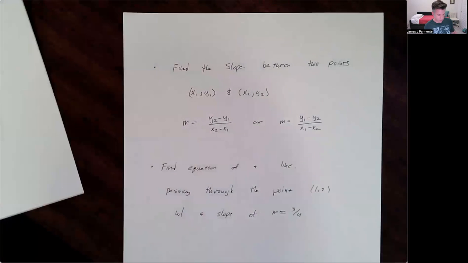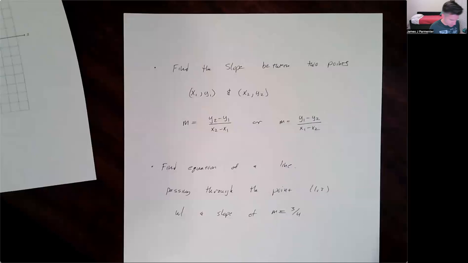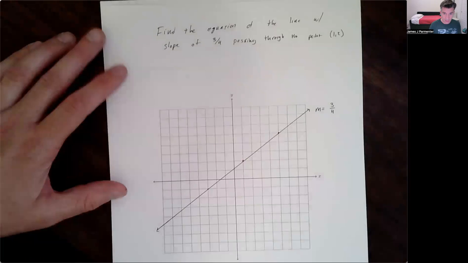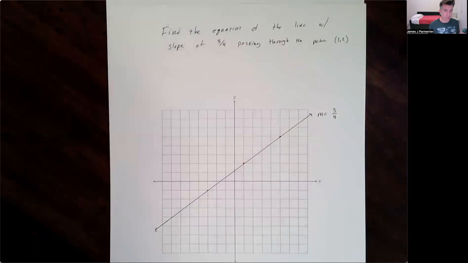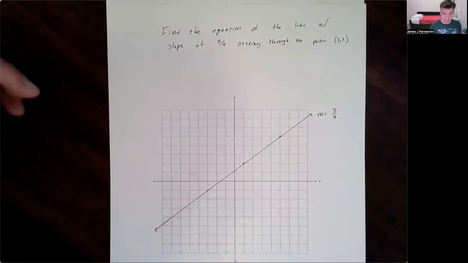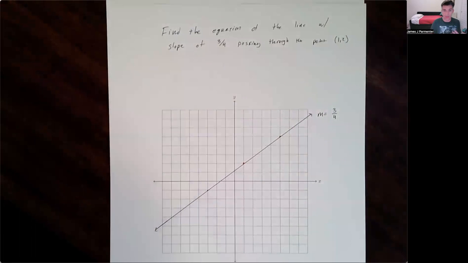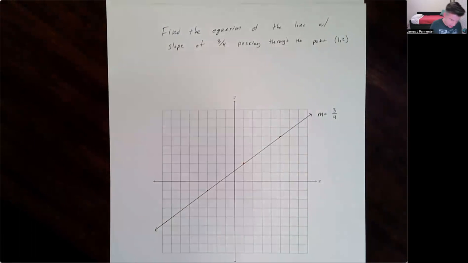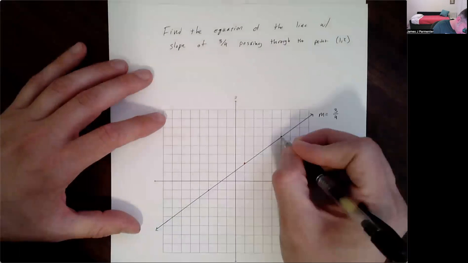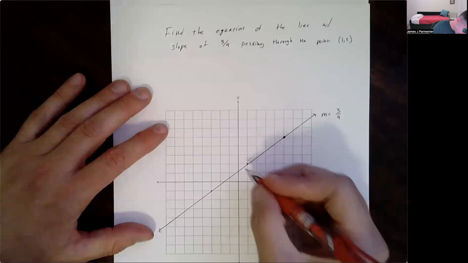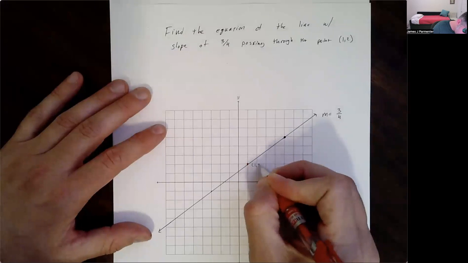So let's look at this graph here. So here's the graph of the line. And when we talk about the equation of a line, what we really mean is that the equation describes the line because any point on the line satisfies the equation. So for example, this point here is the point 1, 2.